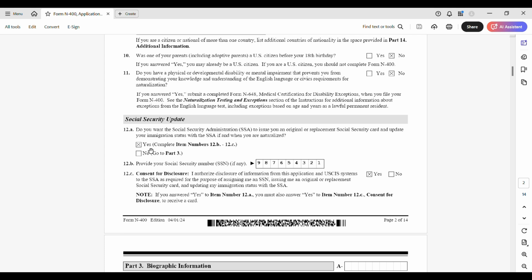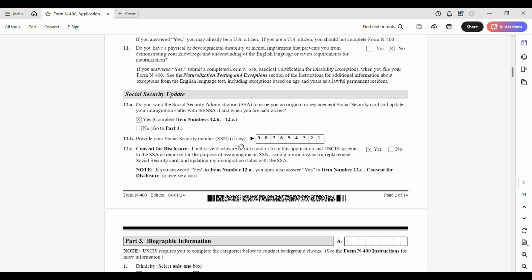So we are going to complete item numbers 12B and 12C. 12B, provide your Social Security number. And this is where you would place that number. And they say, if any. Usually once you are applying for citizenship, it's likely that you would have already had a Social Security number.